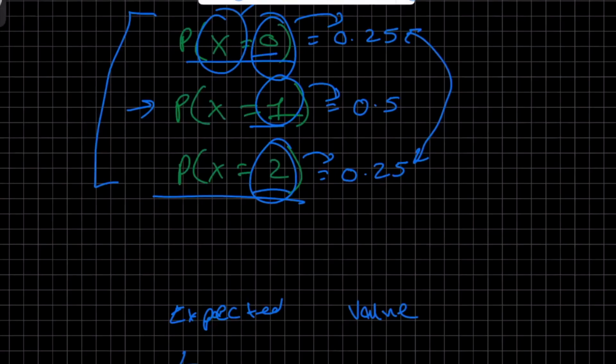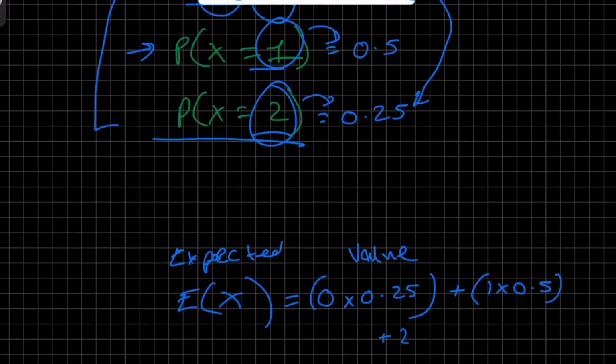So if we determine the expected value of the number of heads that we get in a 2 coin toss, this would equal our first outcome, 0 heads, times its probability, 0.25, plus 1 times 0.5, plus 2 times 0.25.